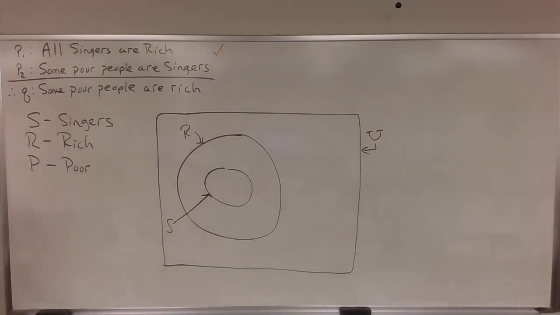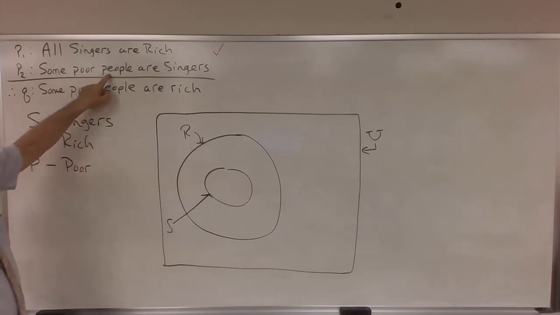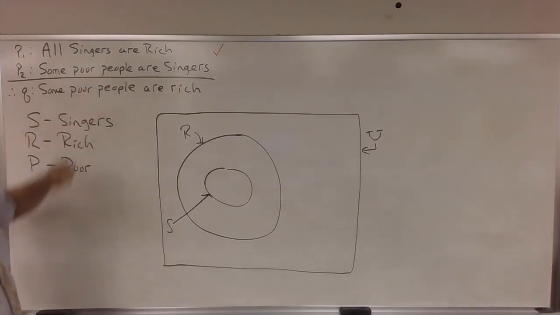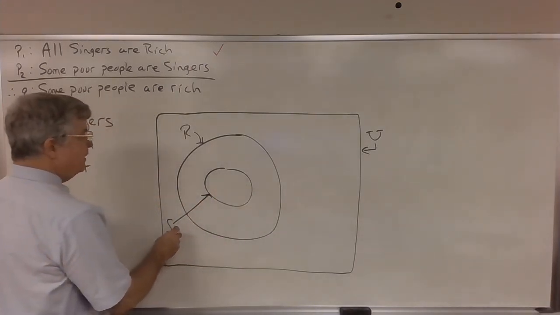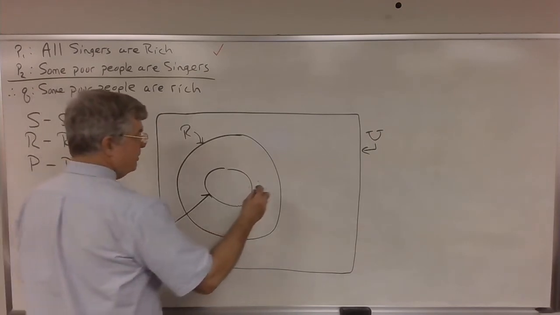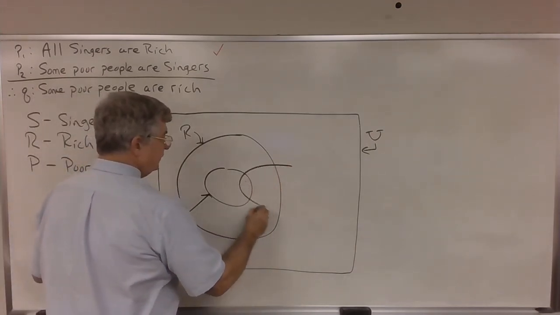Now, we want to draw the second premise so that it's true, but at the same time, we want the conclusion to be false. Let's see, some poor people are singers. So that means that the poor circle and the singer circle have to overlap like this.